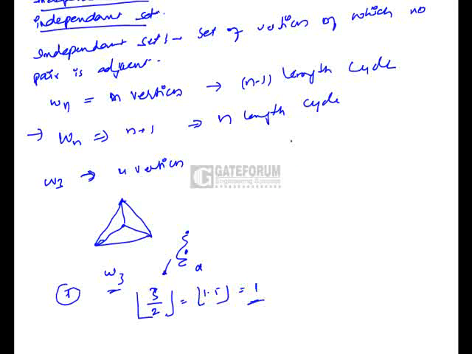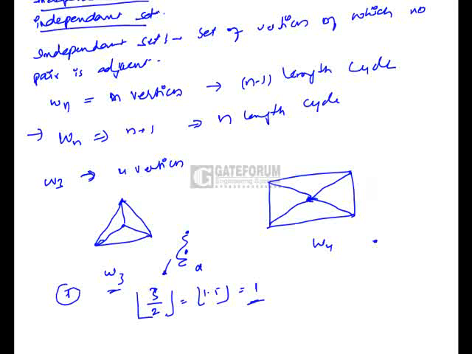Let us take one more example. Here I am taking W4, which contains 5 vertices. So this is the W4 wheel graph with 5 vertices. Now let us calculate the independence number for this graph.